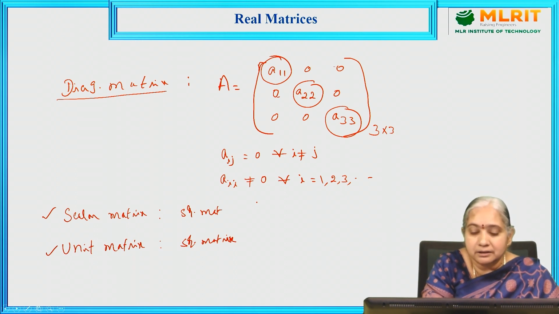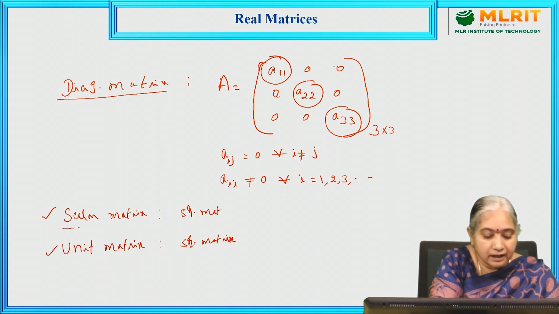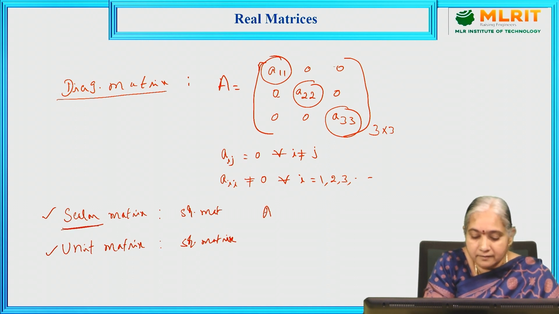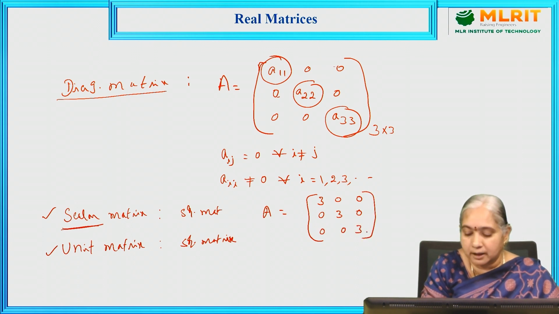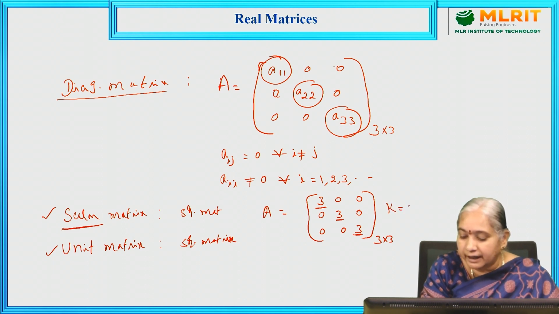Take the example of a scalar matrix: 3 0 0, 0 3 0, 0 0 3. The order of the matrix is 3. Here the diagonal element is the same, that is 3. Here the scalar k equal to 3, which is not equal to 1.